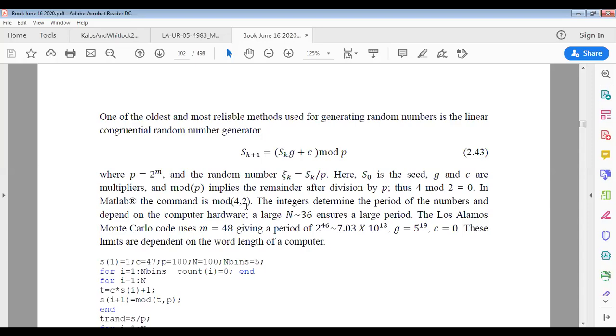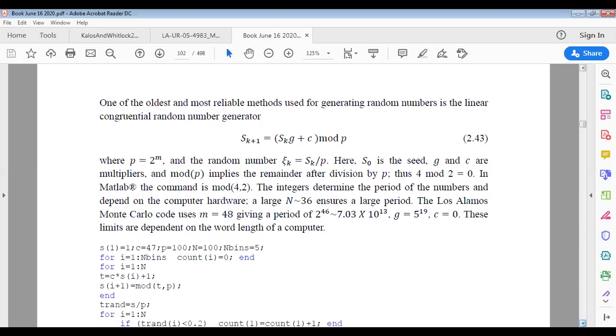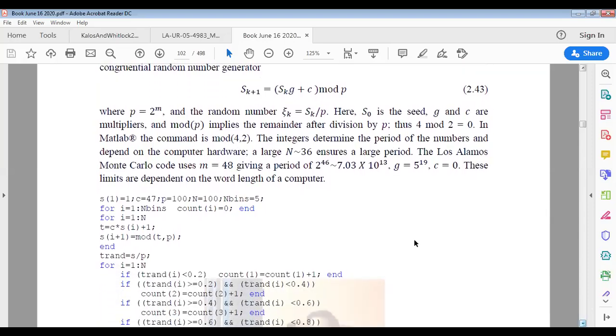Now, if you look at the early days of computing, there was a big effort that went into ensuring that the hardware and the software matched and produced a high period. So the integers determine the period of the numbers, in other words, their repeatability, and they also depend on the computer hardware.